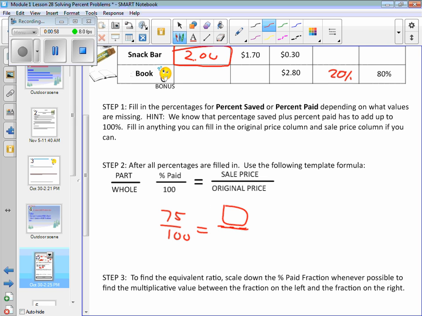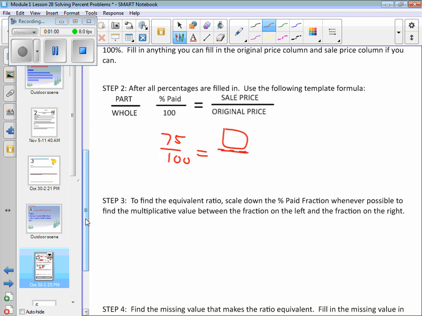And what was my original price? I got to go back up. Okay. What was it? 80. Okay. What do you have to do to 75 over 100? You have to fix to what?